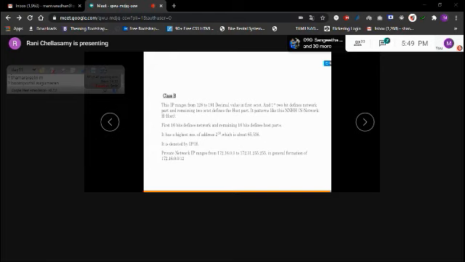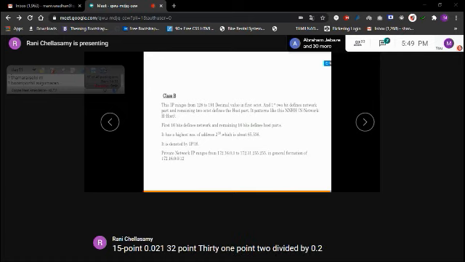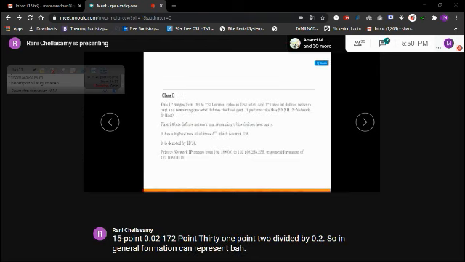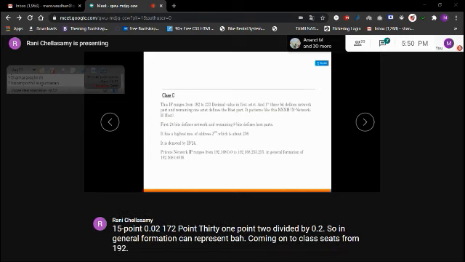So the private network IP range is from 172.16.0.0 to 172.31.255.255. So in general notation, it can be represented as /12. Coming on to class C, it ranges from 192 to 223 decimal value in the first octet. Okay.